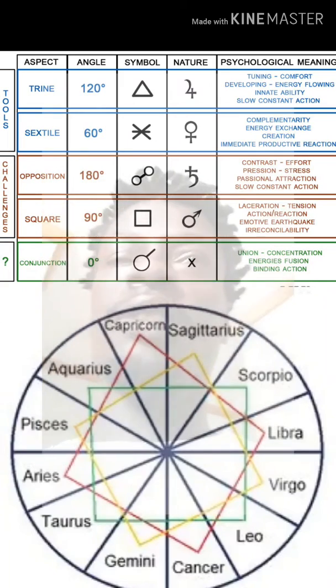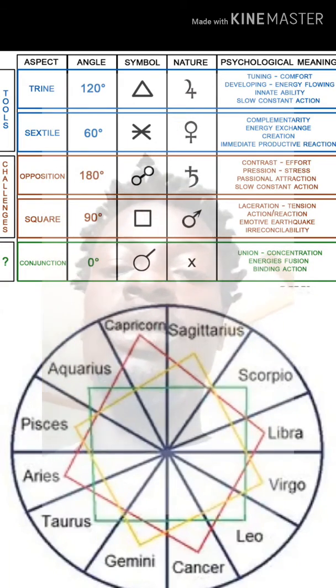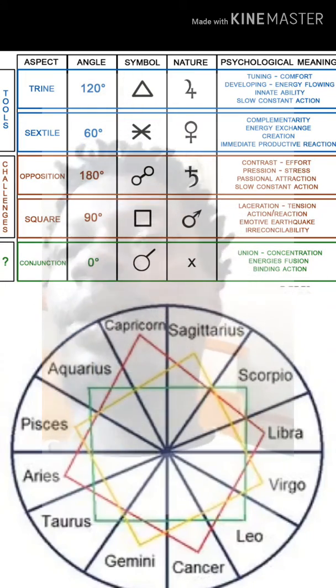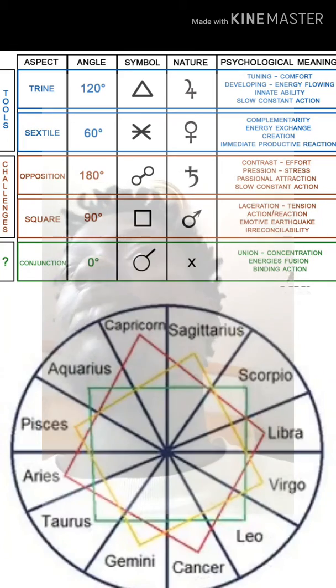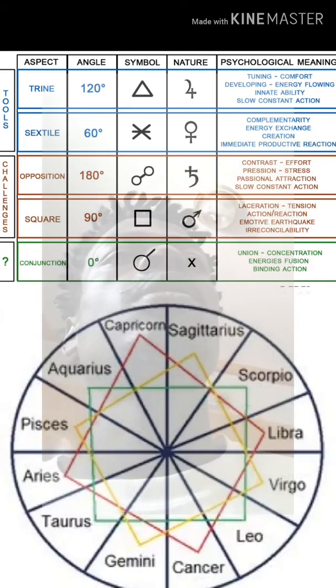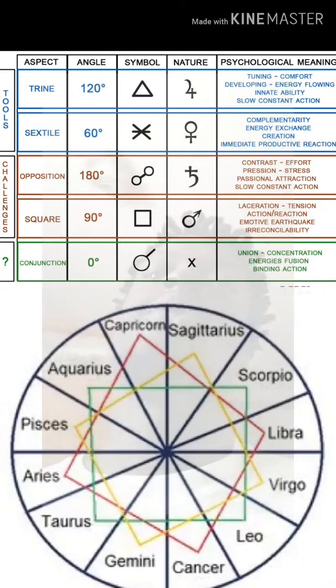Alright, a sextile. Sextile is 60 degrees away. So 60 degrees away from Capricorn, a sextile would be Pisces or Scorpio. Why is that? We can just count 2 signs away, or just know all sextiles go with each other.